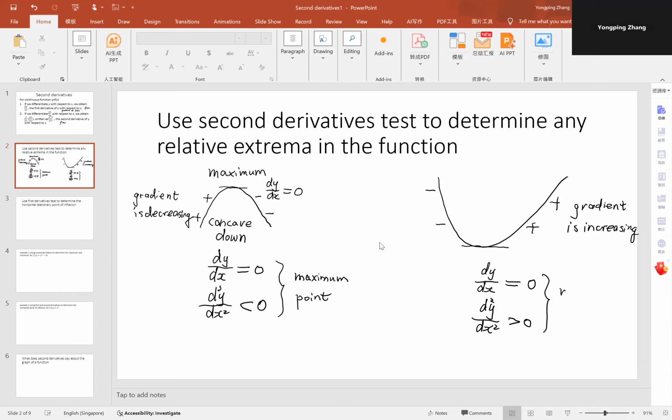So this is the minimum. This is concave up.